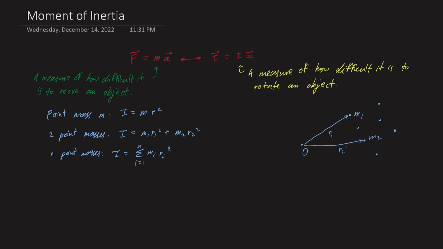If we were to take this to the continuous case where we're talking about some object, so say we have our origin here and we have an object like so that has mass big M, and we wanted to find the moment of inertia of this big mass, a continuous mass M. How would we do that?